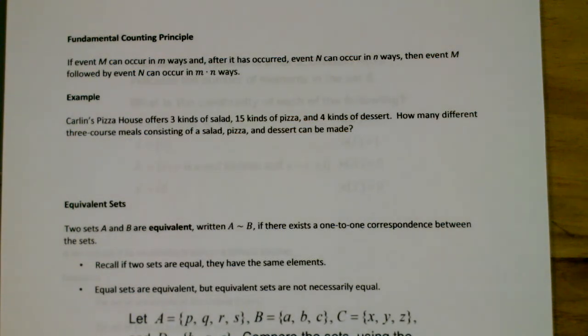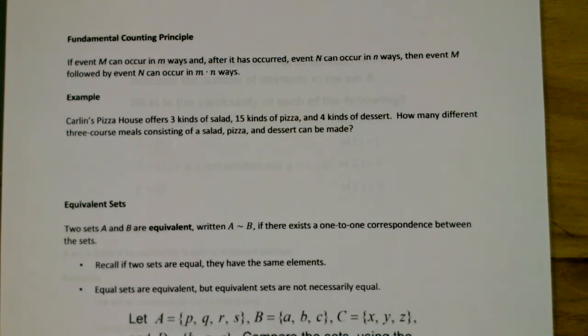If event M can occur M ways, and after it has occurred, event N can occur N number of ways, then event M followed by event N can occur M times N ways. So basically all you're going to do there is just multiply the number of ways that event M occurs by the number of ways event N can occur.